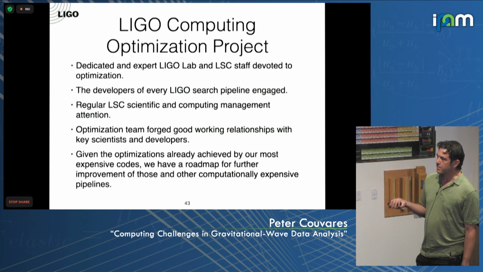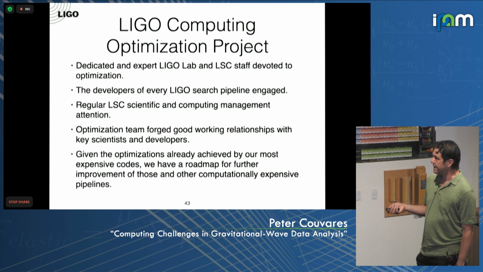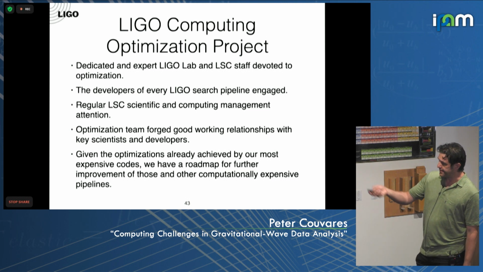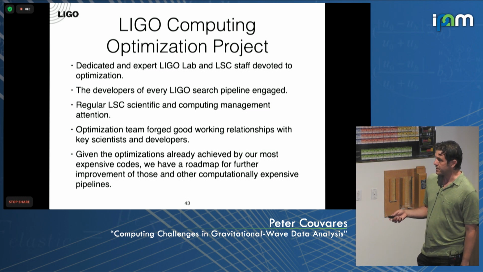LIGO has a computing optimization project that I was brought in to lead. We have a dedicated staff at the lab, and to some degree from the LSC, devoted to this. At one point or another, we've had the developer of every single LIGO search pipeline engaged in this effort. It has regular attention from the LSC and computing management.